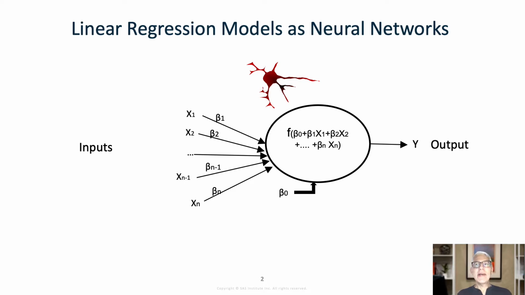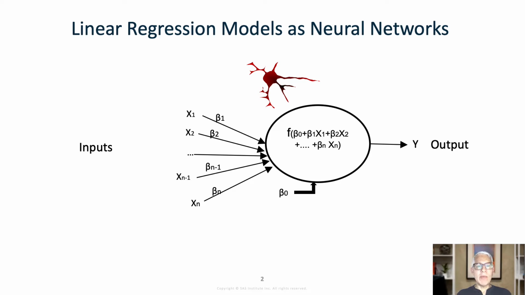You can see here that the basic unit of computation in a neural network is the neuron. Let me point that out for you right here. So here's my neuron. Some people call this a node. And what it's going to do is receive input from some other nodes or from an external source, and it is going to compute an output.